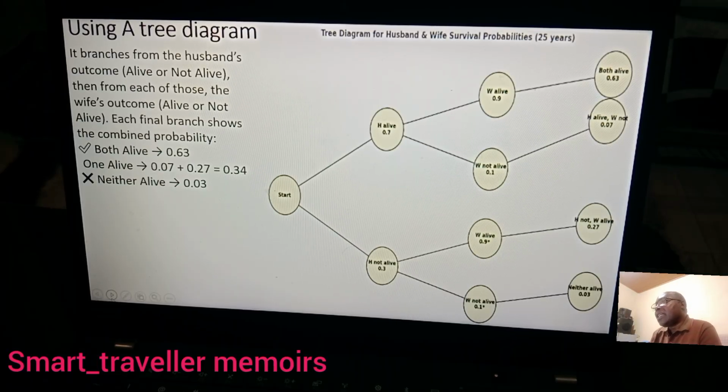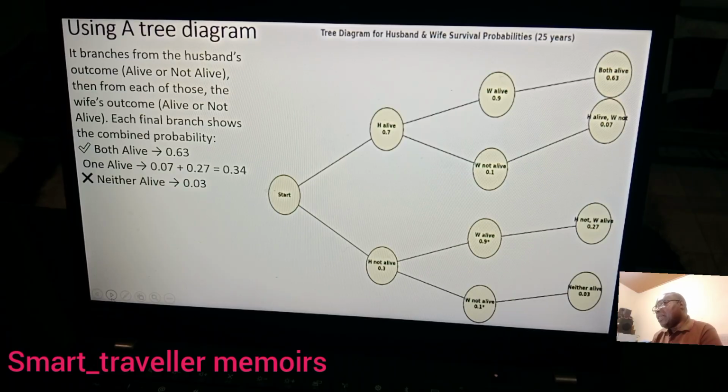You can see where we are starting. We are starting with H, or husband alive, 0.7, husband not alive, 0.3. All right? Wife alive, 0.9, not alive, 0.1. That is if the husband was alive. All right? Now, if the husband was not alive and the wife is alive, it is 0.9. Wife not alive, 0.1.